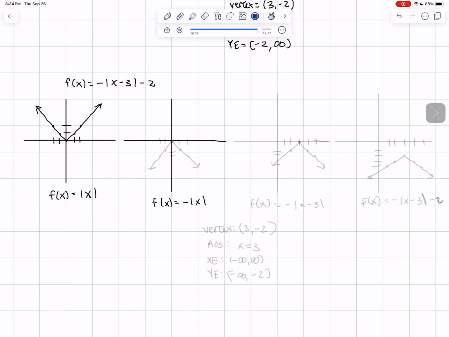So our negative version of that would just be the flip. And then we do our horizontal shift.